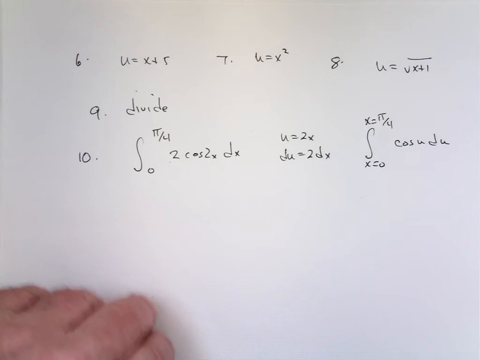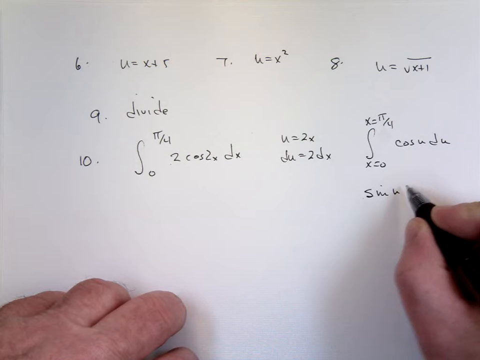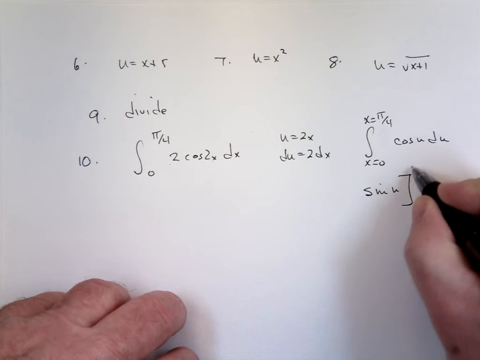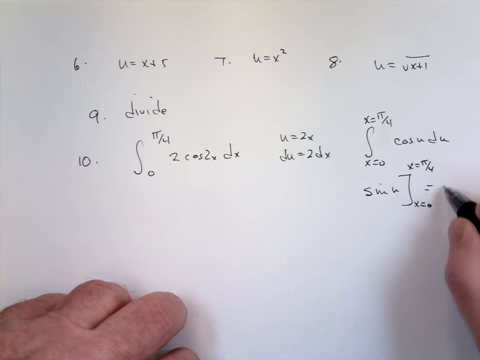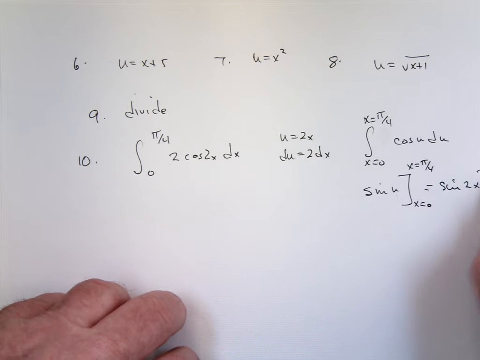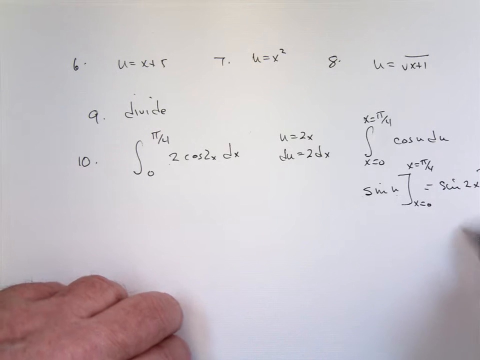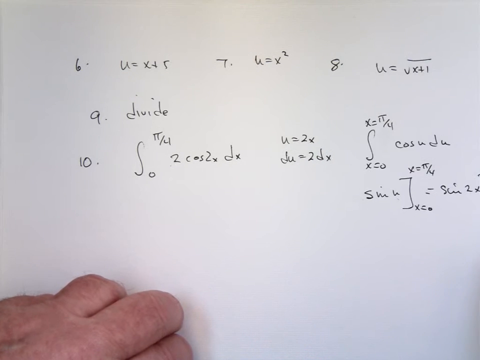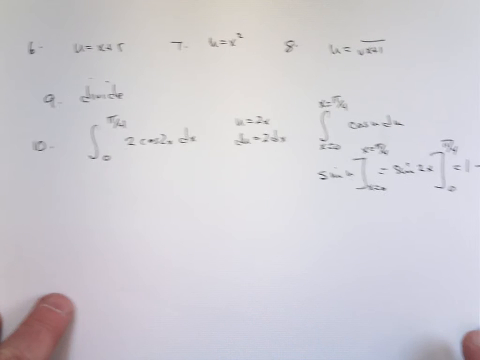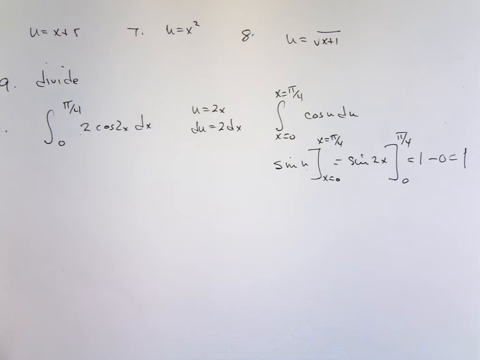Integrate cosine, sine. u is equal to 2x. Substitute in, you get the sine of 2 pi over 4, this is the sine of pi over 2, minus the sine of 0, which is 1. Whoa, I'm way off there. Okay, there you go. All right, 11.